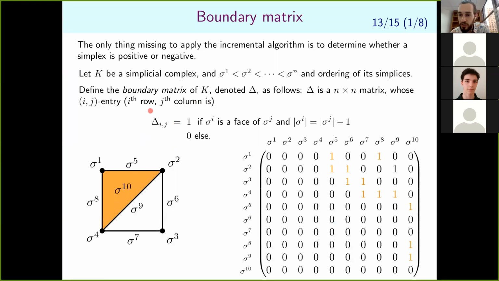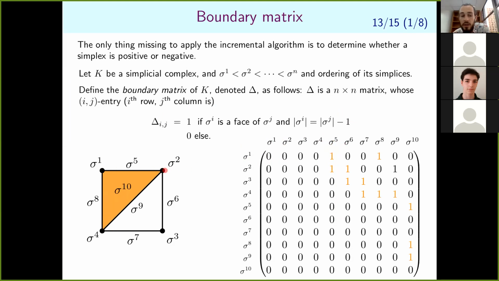So this is written here. In my column, I write 1 if the corresponding simplex is a face of it of codimension 1.